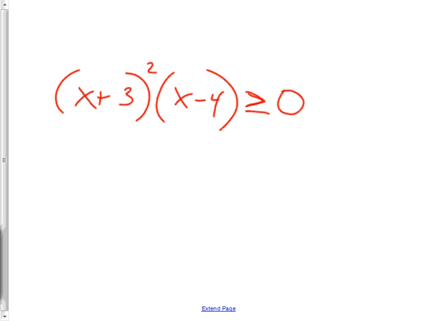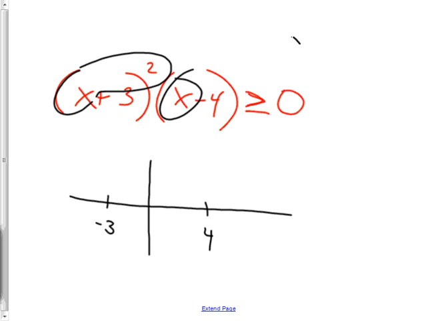Okay, so here's what I was getting at on that one. I knew a lot of people make the mistake, and they did. Here's -3, and it's bouncing there, and here's +4, and it's cutting through there. Notice the lead coefficient of this thing is positive because it's an x squared, and an x makes an x to the third. So if it's y equals x to the third, it must be going up on the right. So then logically, it's cutting through this, it must cut through, and then bounce off of this and go down.